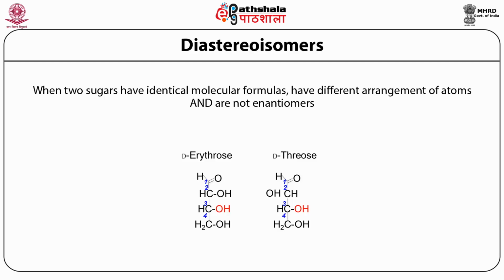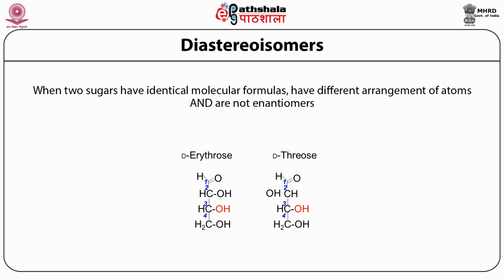What you have to note here is that both compounds have the same number of carbon atoms. They have the same kind of functional group. Both of them are aldoses because they have an aldehyde group. Both of them exist in the D form because the hydroxyl group positioned at C3 is placed on the right hand side, just like D-glyceraldehyde.